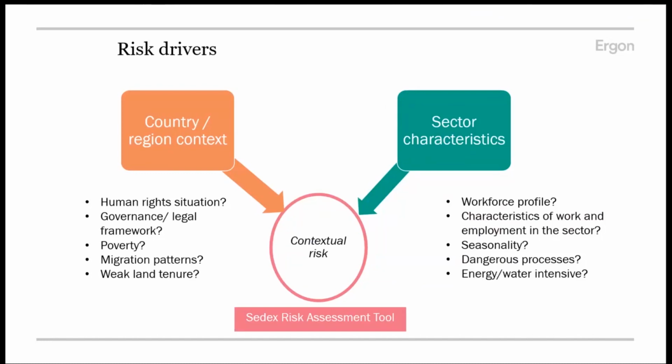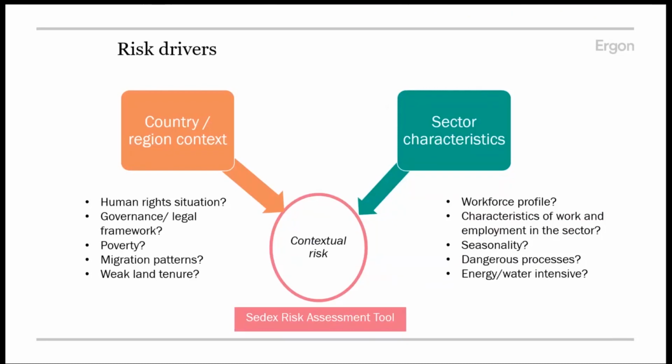So if we think about it at a country or regional level, just generally, what's the human rights situation in that particular country? Is it a repressive government? Are there civil and political rights that the population is able to enjoy? What's the level of law enforcement? Most countries actually have pretty good labour laws, pretty good environmental laws.